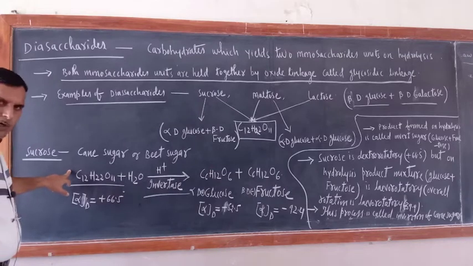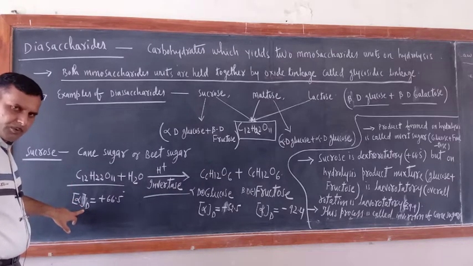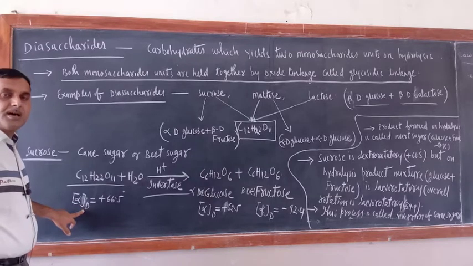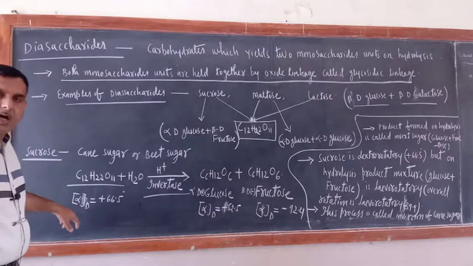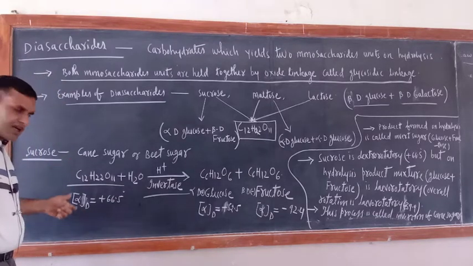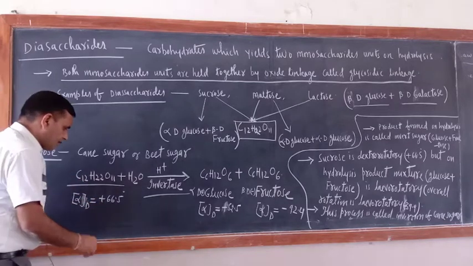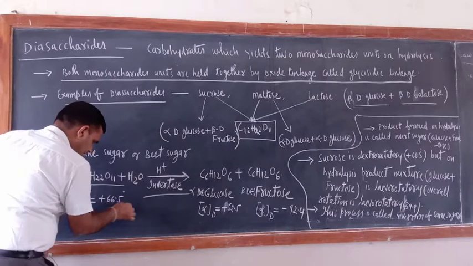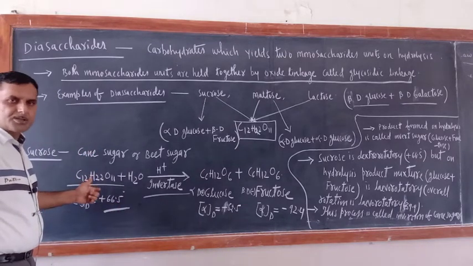This is the method of representing the optical specific rotation. For sucrose, it is plus 66.5. This is the optical rotation of sucrose.